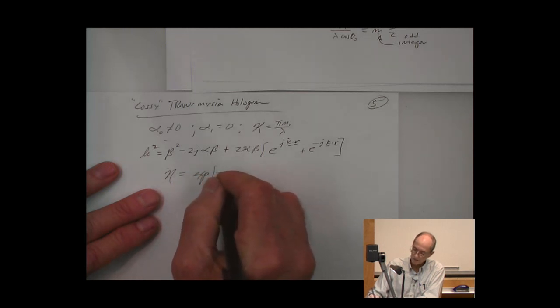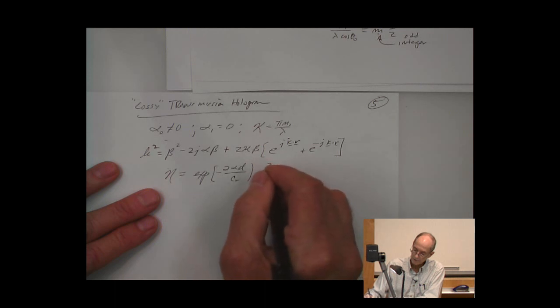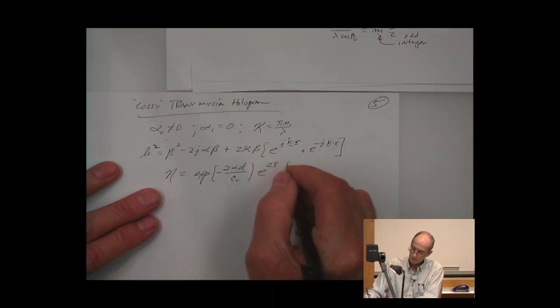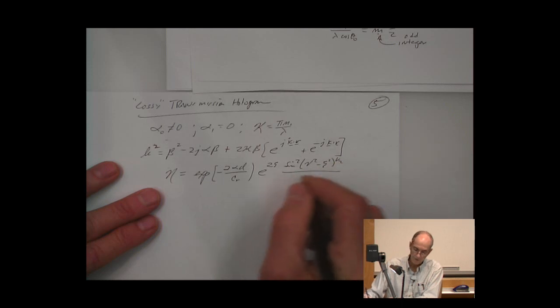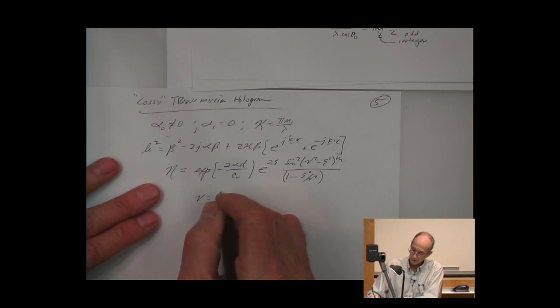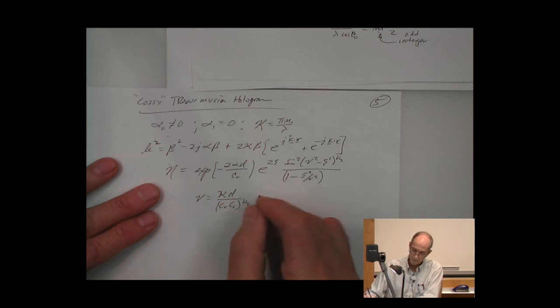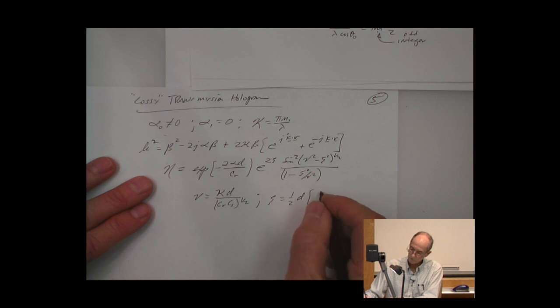absorption term, exponential minus 2 alpha d over c sub r, and then e to the 2 psi sine squared of nu squared minus psi squared to the 1/2 over 1 minus psi squared over nu squared, where nu is equal to kappa d over CRCS as before, and psi is equal to 1/2 d, and we have to include the absorption, so we have alpha over CR minus alpha 0 over CS.